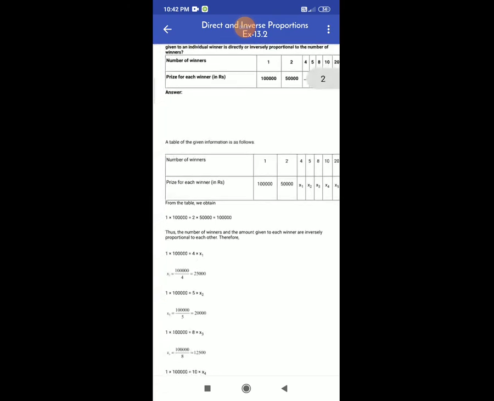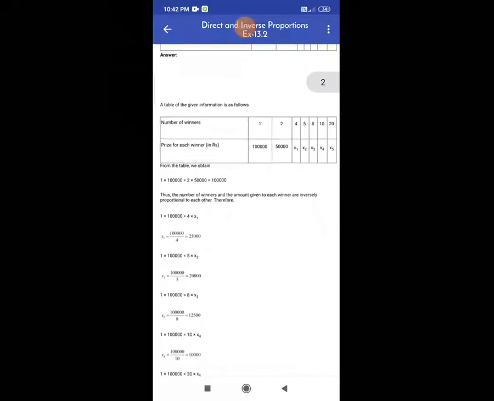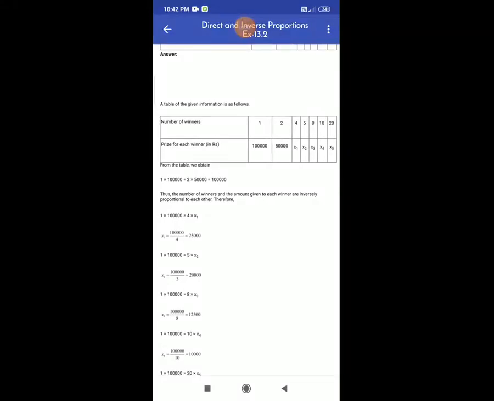From the table, we obtain 1 multiplied by 1 lakh equal to 2 multiplied by 50,000 equal to 1 lakh. Thus, the number of winners and the amount given to each winner are inversely proportional to each other, and therefore 1 multiplied by 1 lakh equal to 4 multiplied by x1. Therefore, x1 is equal to 1 lakh divided by 4, which is 25,000.